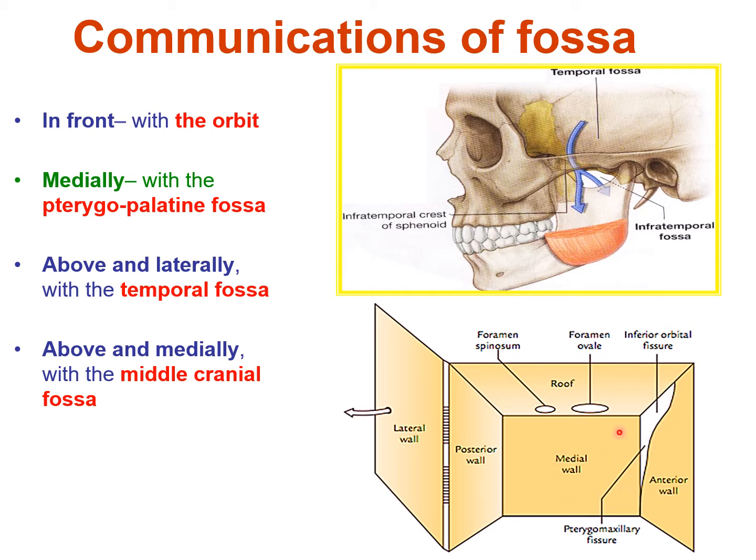Medial wall is formed by the lateral aspect of the lateral pterygoid plate, so it is communicating with the pterygopalatine fossa through the pterygomaxillary fissure. Above and laterally, it communicates with the temporal fossa through a gap between the zygomatic arch and side of skull. Above and medially, it communicates with the middle cranial fossa through the foramen ovale and foramen spinosum.